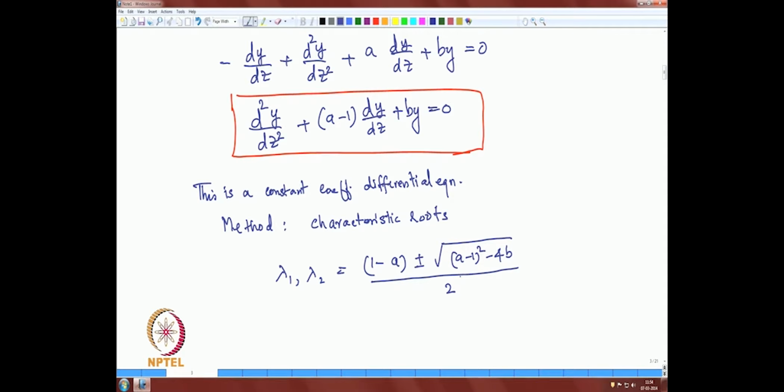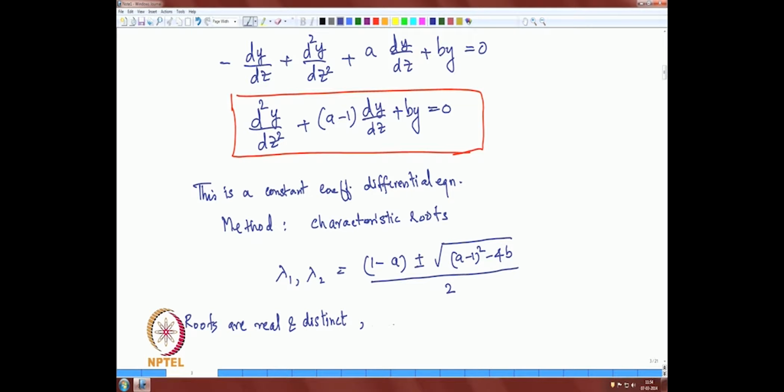So, the discriminant of the equation, b square minus 4ac by 2. So, case: if the roots are real and distinct, call them lambda 1, lambda 2, the real roots.